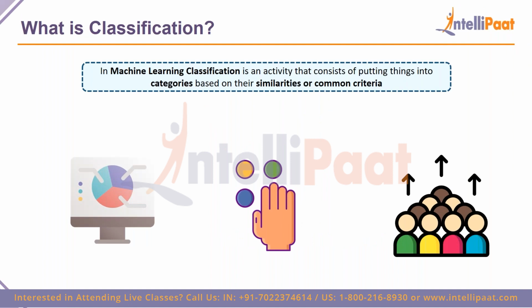So in machine learning, classification is simply an activity that consists of putting things into categories based on similarities or common criteria. If I give you a lot of people who have applied for a loan, and you're working in the banking industry, you need to help understand what kinds of transactions could lead to fraudulent transactions.